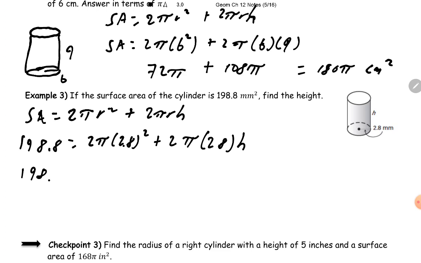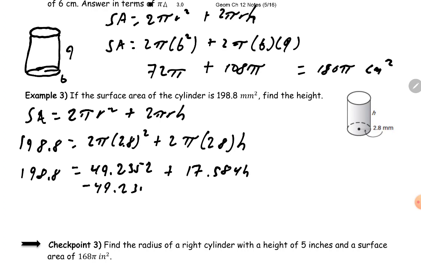So I'm going to get 198.8 equals... Okay, that first one's going to be 49.2352 plus 17.584h. I'm going to subtract 49.2352 over to the other side.